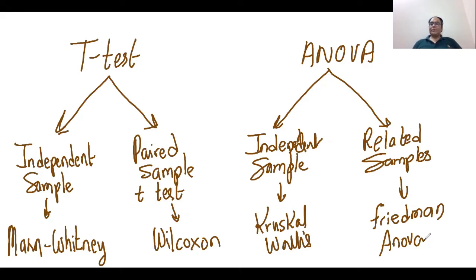I'm going to explain the concept of all the tests, and the common thread in all 4 tests is the rank. All the tests are based on the rank. So I will show you the game of rank in Mann-Whitney, and after that we can understand the same game in all other tests.